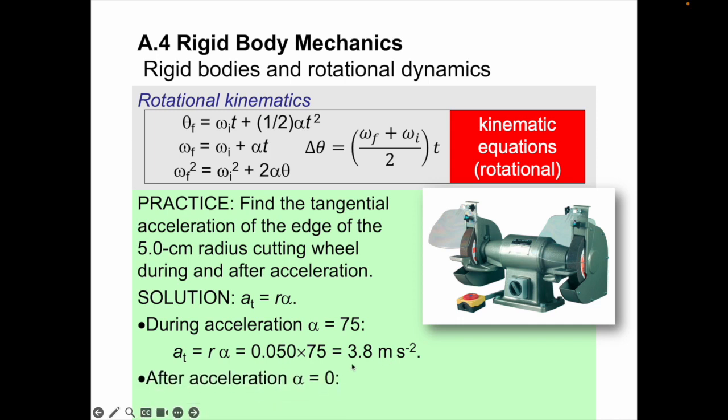After the acceleration, our a sub t is our radius times the angular acceleration, and our angular acceleration in this case is 0. So during the acceleration, it's 3.8 meters per second squared, and after the acceleration, it's 0 meters per second squared.